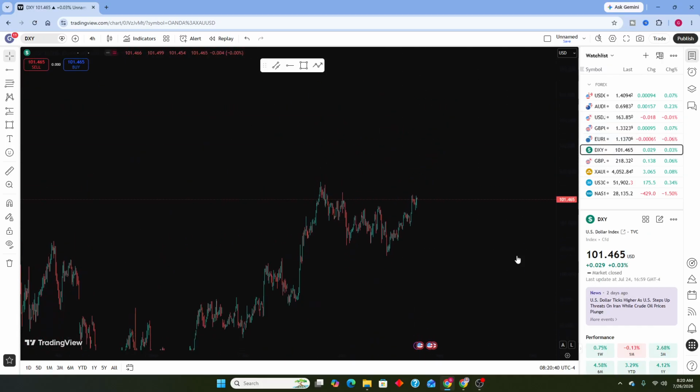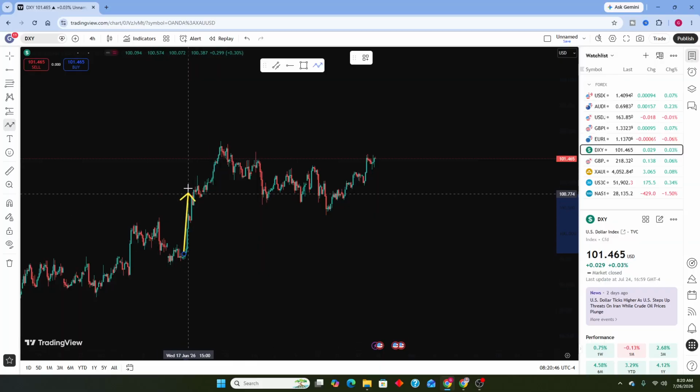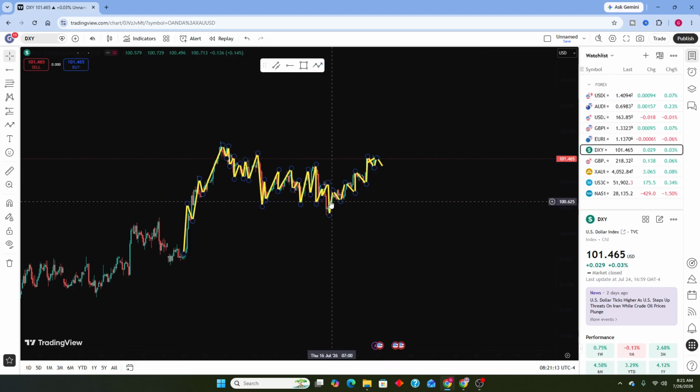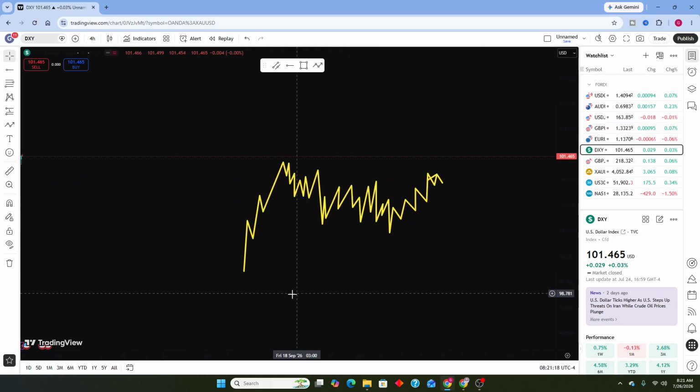Dollar index. Our aggressive push starts from here. What can we see here?